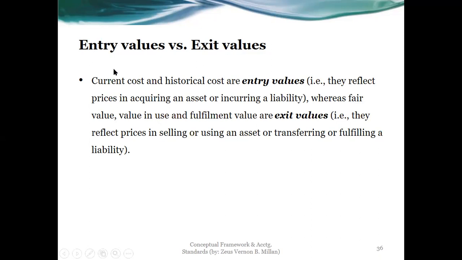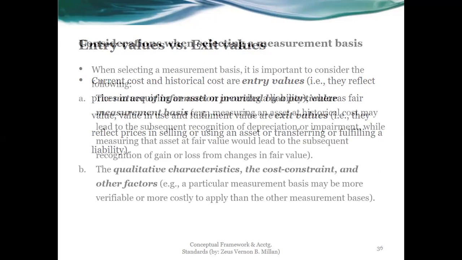But the exit would be which transactions and values would connect to these particular accounting elements, assets and liabilities, to be removed or recognized from the financial statement. So we are talking now about fair value, which should be in a sale transaction in an established market, then value in use and fulfillment value for the asset and liability respectively. Right. So just to emphasize the difference between the two.